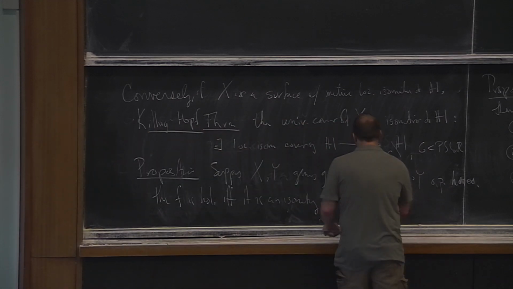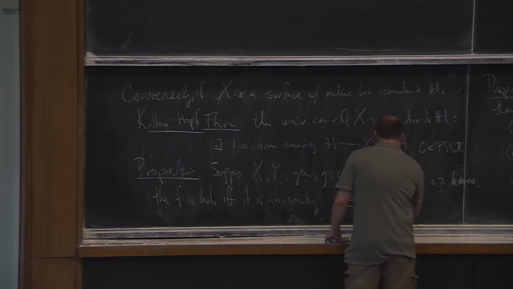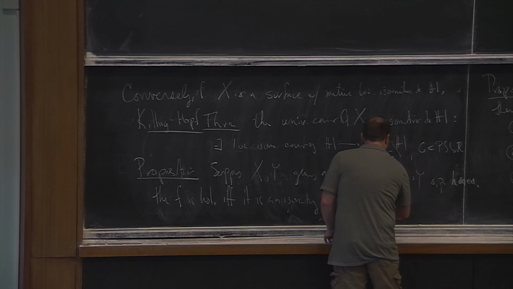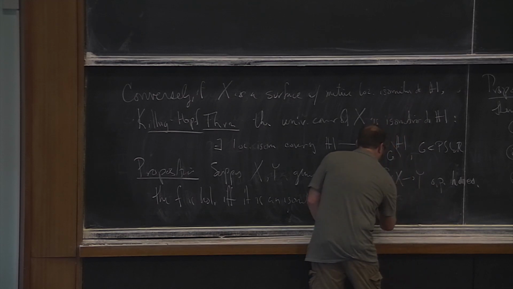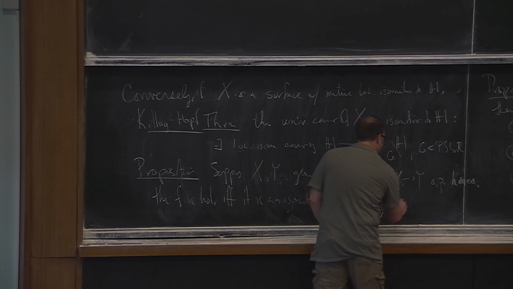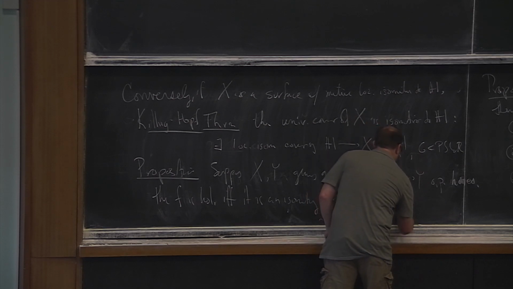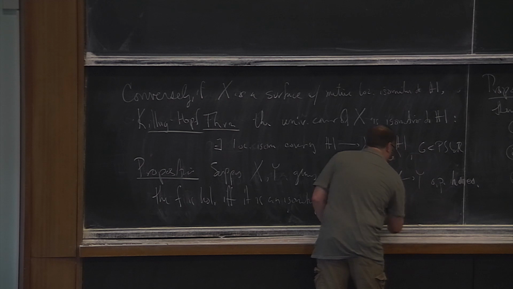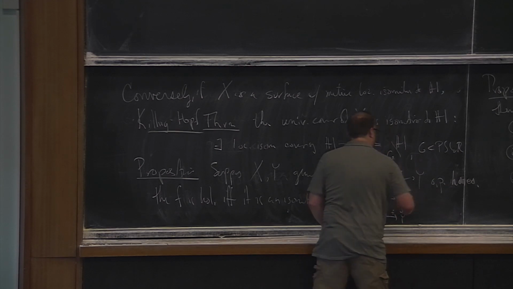OK, so what's the proof? Well, we take the covering of X by H and Y by H. We have the map f, and we can lift f to the universal cover.